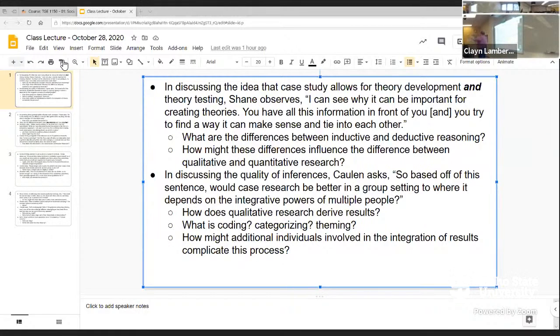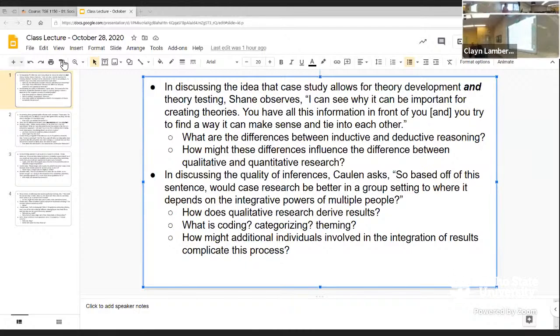I'm trying to prove if something is or is not correct, which presupposes that I have to have some belief about what that is before I can start. I have to start with a theory. Qualitative or case study research suggests I'm going to look at what's there and it's going to tell me. I'm going to create theory every time I look at something because I'm looking at what's there. I can then go and connect that possibly to other theory.